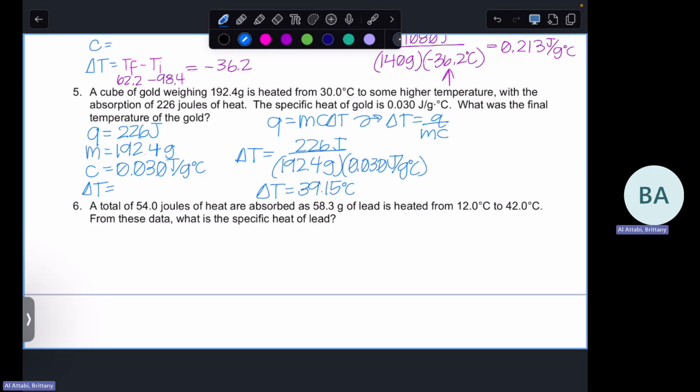Add 30 to this? Yeah, because this is telling you that I'm going from 30 to question mark, and now we know how much it changes when we do that. Right? So it goes from 30, increases by basically 40. So my final temperature is 69.15.